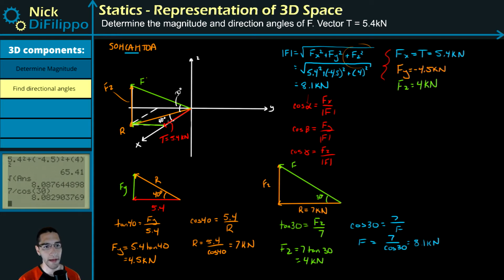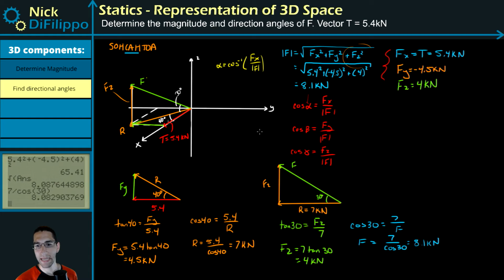So let's start with alpha. To solve for alpha, and this is going to be the same for beta and gamma, I need to take the inverse cosine of fx over the magnitude of f, right? To get rid of the cosine on this side of the equation, I need to take the inverse cosine. And what I do to one side, I need to do to the other.